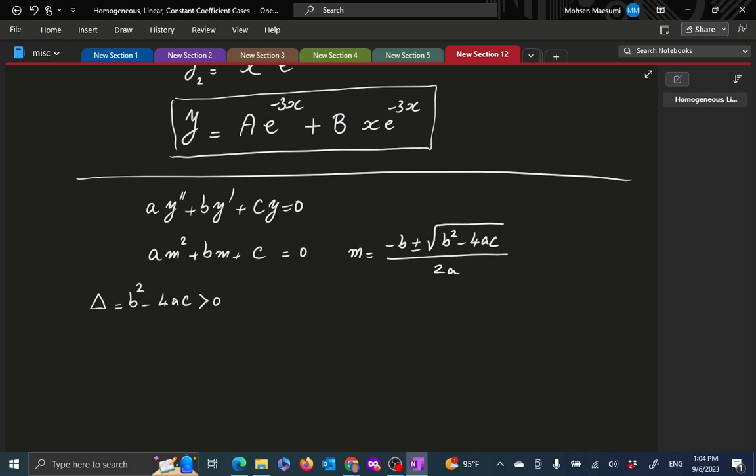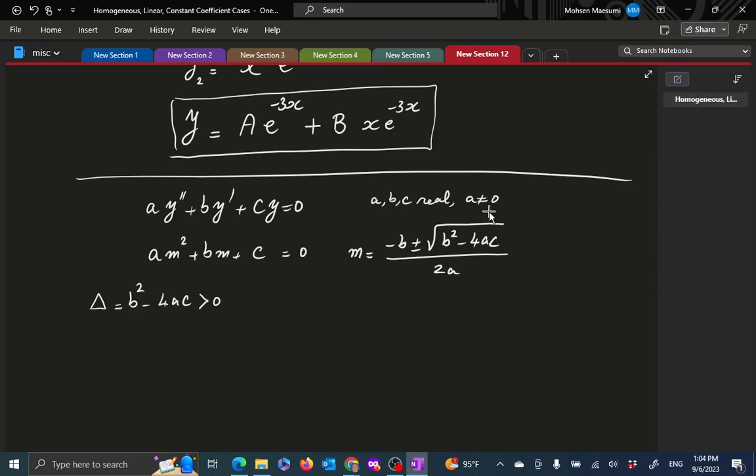To make it simple, a, b, c are always taken to be real. And just to make sure you have a second order equation, you better keep a away from 0.